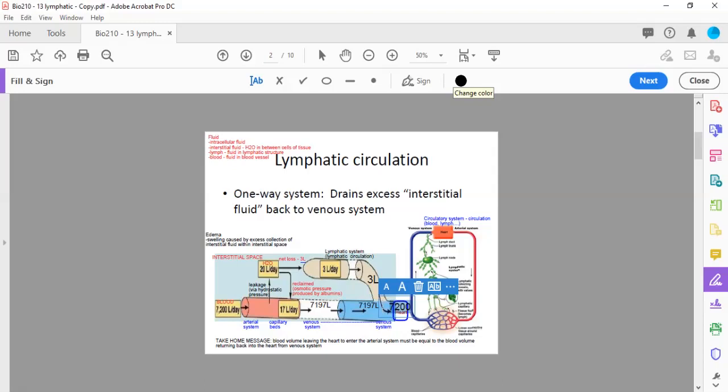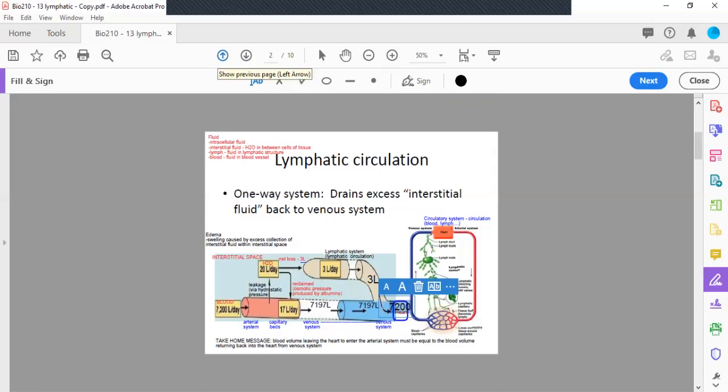All right, so in a nutshell, we can say the lymphatic circulation is composed of lymphatic vessels. So if you understand the left image, let's go back to the right image. Okay? So you can see the purpose of the lymphatic circulation.